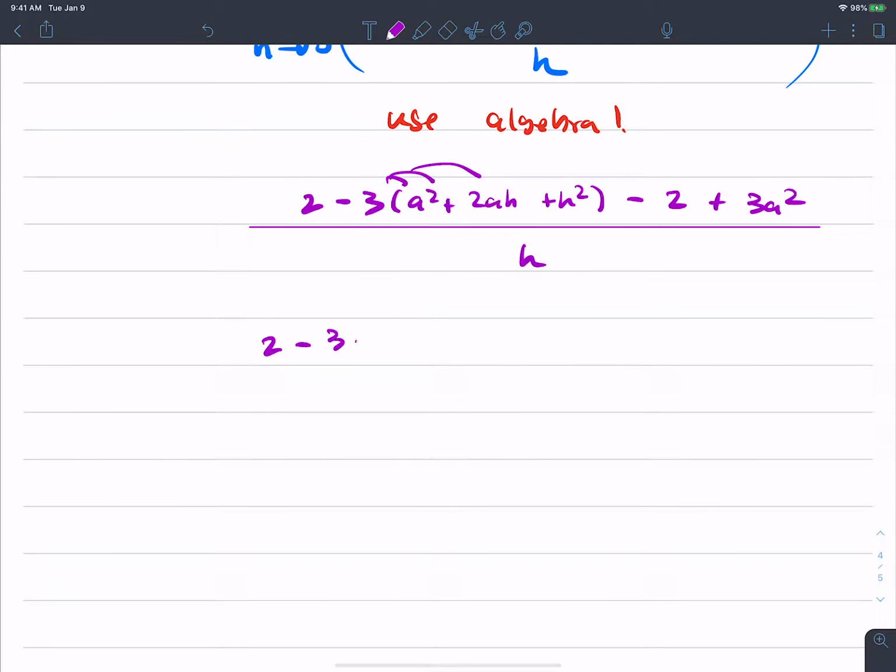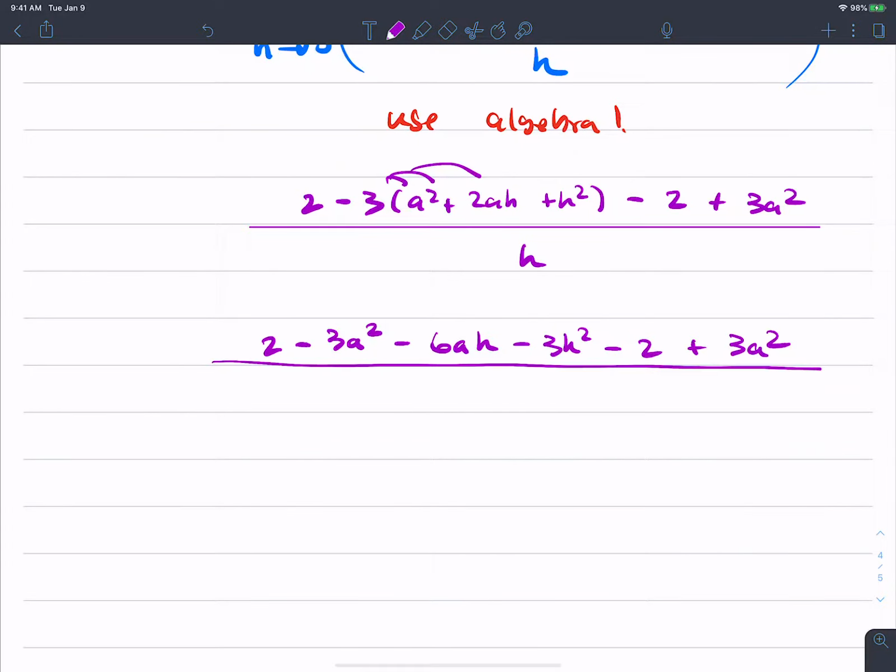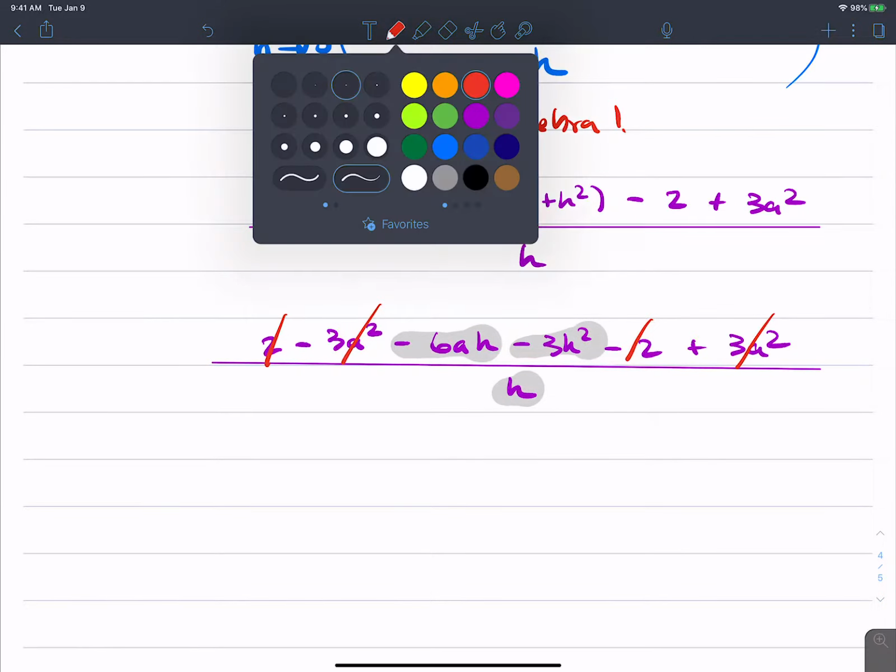2 minus 3a squared minus 6ah minus 3h squared minus 2 plus 3a squared, everything over h. So when we see the cancellation, 2 minus 2, minus 3a squared plus 3a squared, let's focus on what's left. You say, what's left? The minus 6ah minus 3h squared over that h.